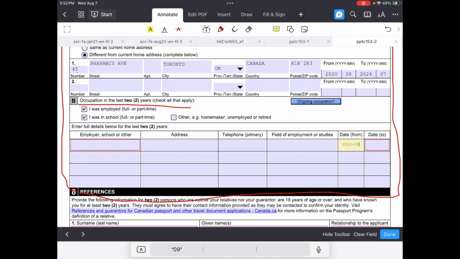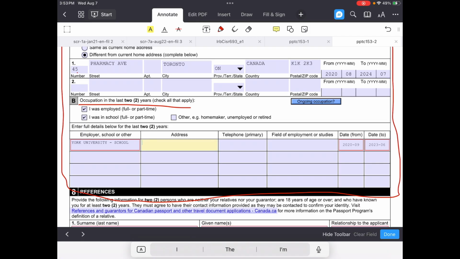Okay, from 2020-09 to 2023-06. I was at school. I'm gonna say school, and I'm gonna say York University.